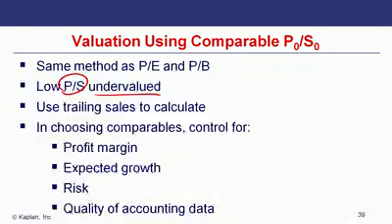Now, if you think about all of these multiples, when you are actually doing these comparative analyses, a lot of times analysts will take the average of all of these multiples across the companies within the industry. Let's say I was looking at airlines.